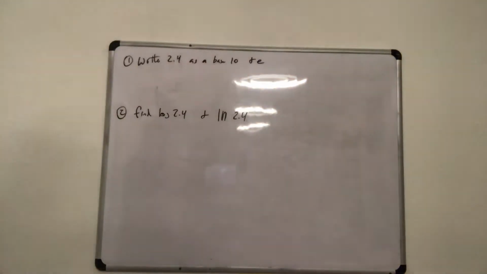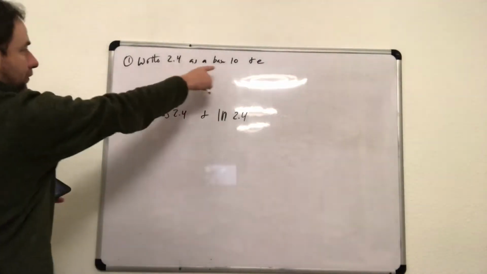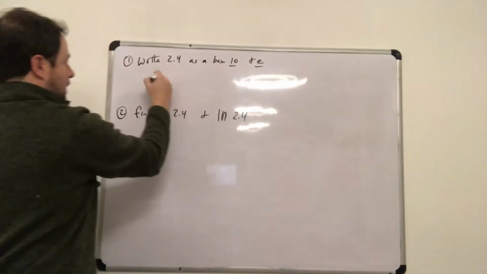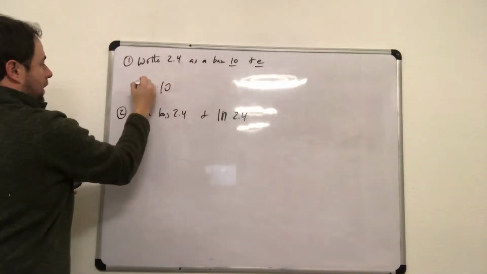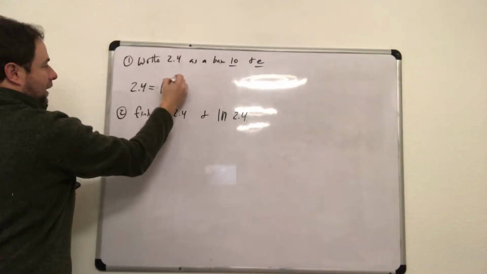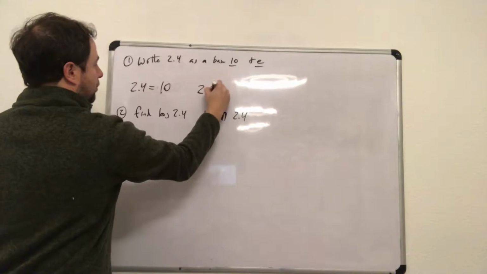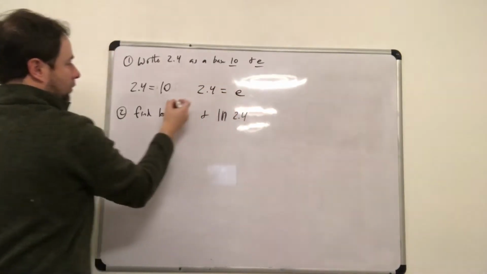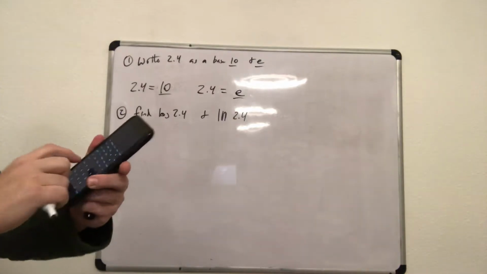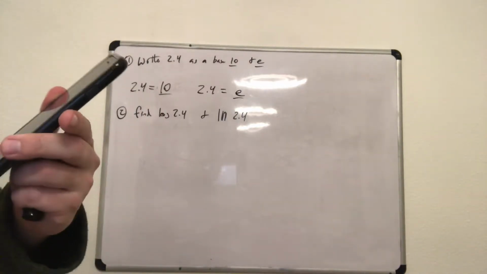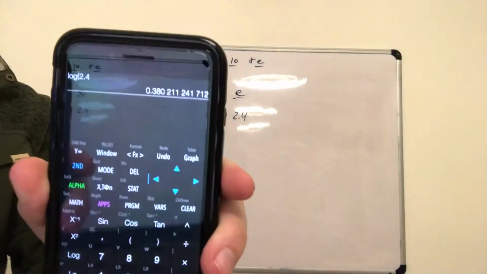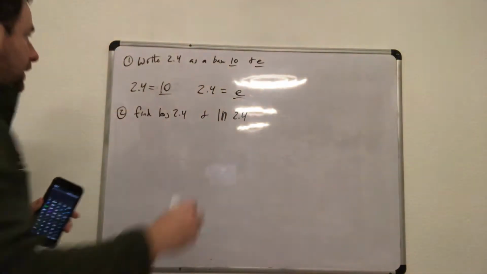And so we're going to start, and it's going to say write 2.4 as a base 10 and a base e. So basically it's going to be 2.4 equals 10 to an exponent, and then 2.4 equals e to an exponent. The way that you do that is you go log 2.4, enter, and you get 0.38.